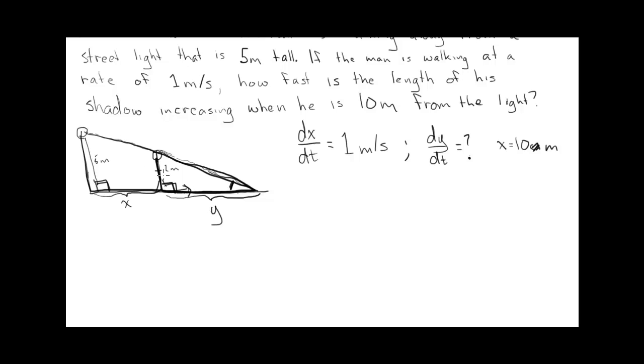So two angles that are the same means the third one is too, so all the angles are the same. So the triangles are similar. Now, what do you know about similar triangles? They have proportional sides.